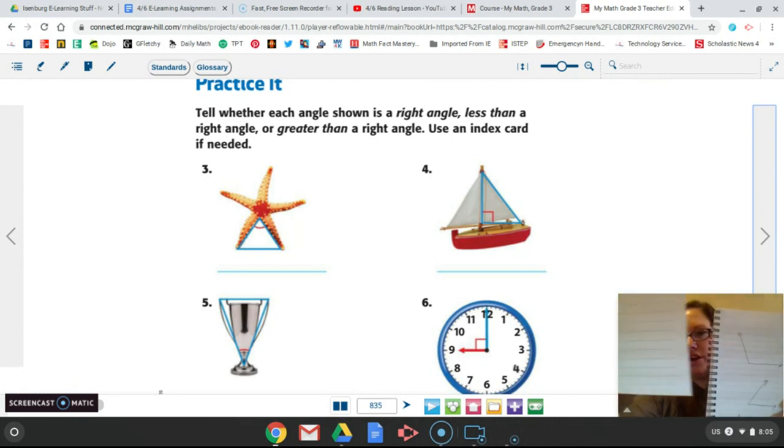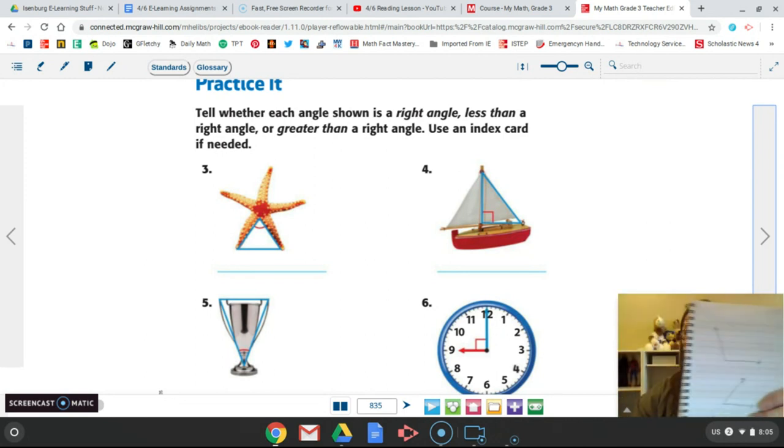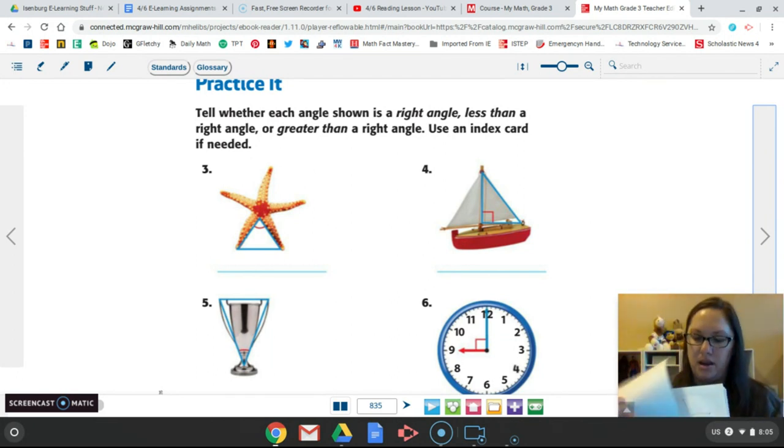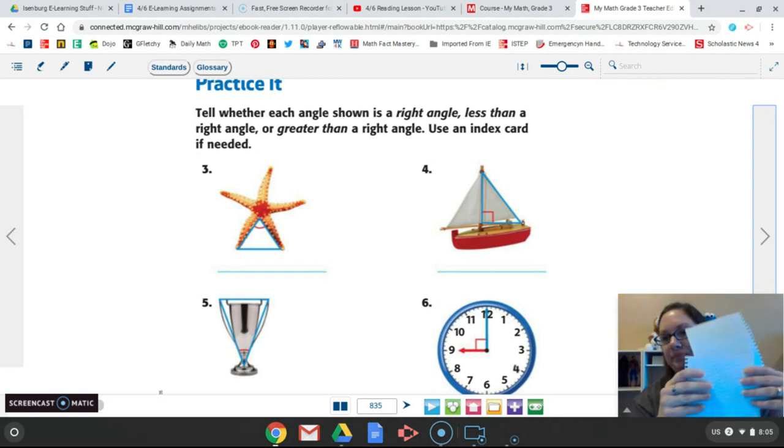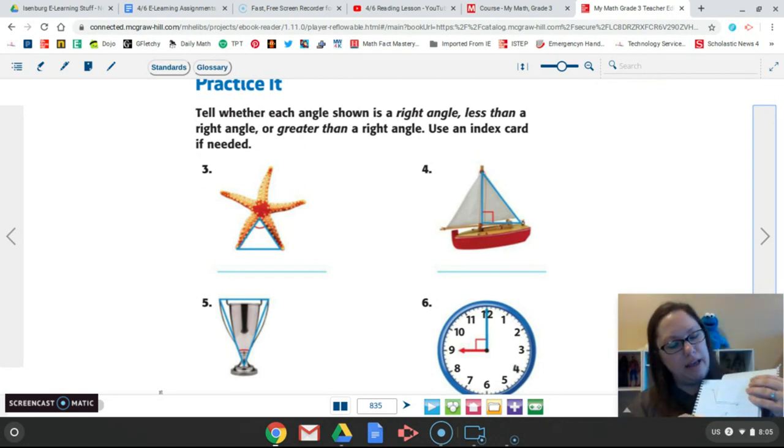And the corner of any piece of paper is 90 degrees. Okay, so a 90-degree angle makes a perfectly square corner. So if I wanted to decide if this angle is more or less than 90 degrees, I'm going to take my paper and I'm going to line it up. I'm going to get it lined up and then I'll show you.